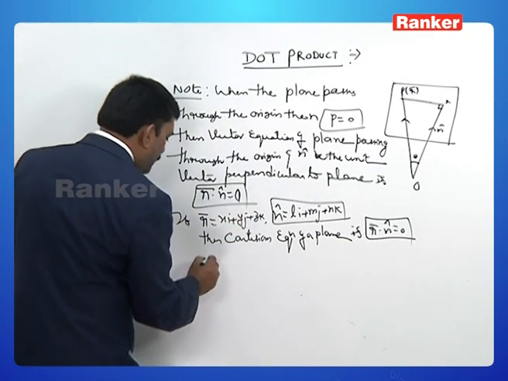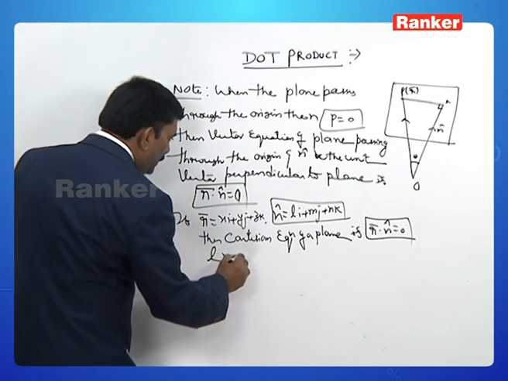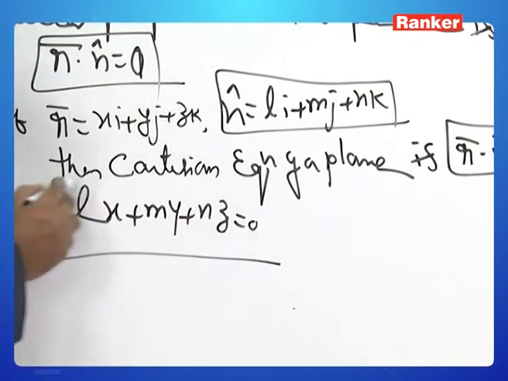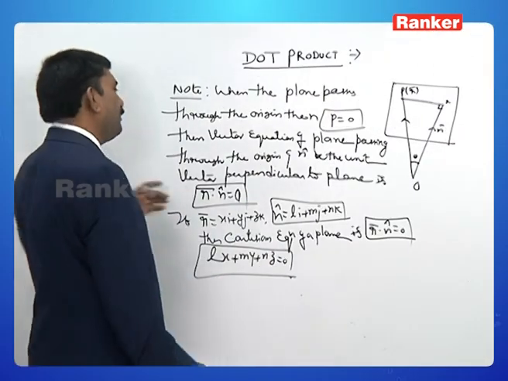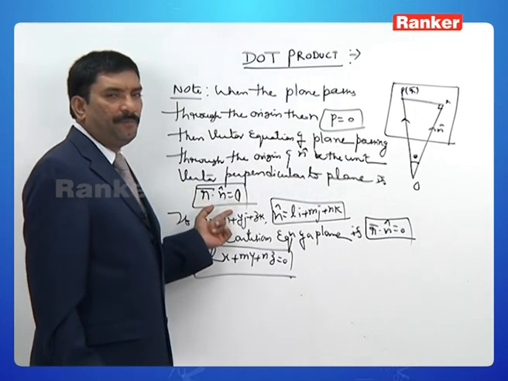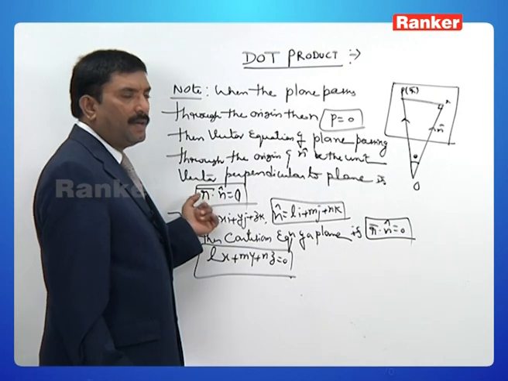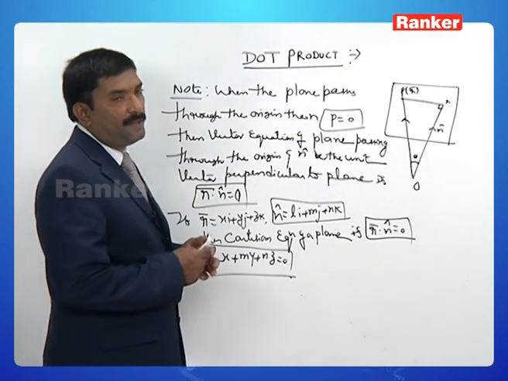Take the dot product: lx plus my. This is the vector equation of a plane passing through the origin and perpendicular to n cap.